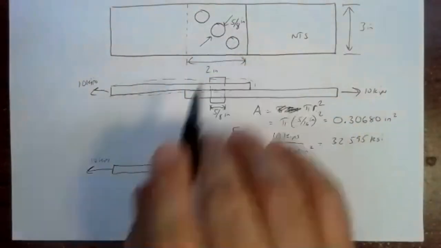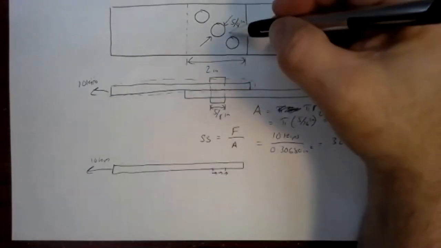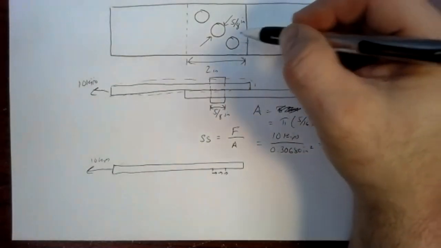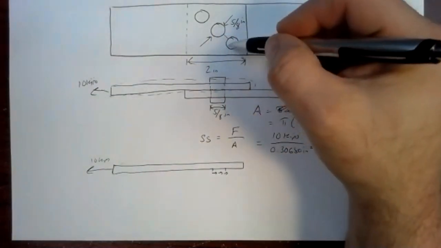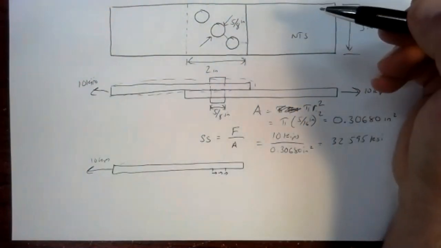Now there are some details that we'll have to be concerned about in terms of the stresses, but that's a little bit beyond the scope of the class. You can't have them too close together. Edge distances, can't have them too close to the edge, can't have them too close together, or the stresses in the material become high enough that the material will tend to break.